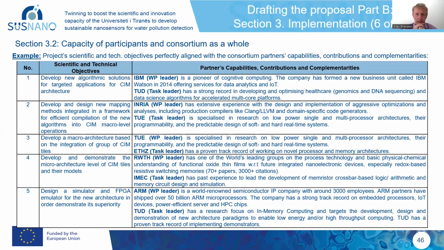But this last slide is about section 3, implementation. There's a section 3.2 called capacity of participants and consortium as a whole. This whole table that you see here is an example, again, from that proposal project I had called Mnemosina.